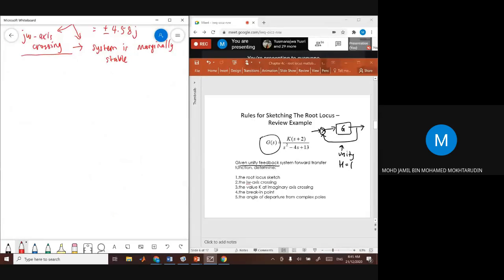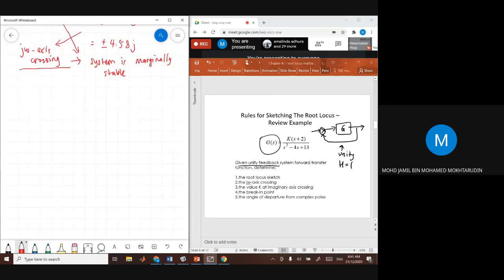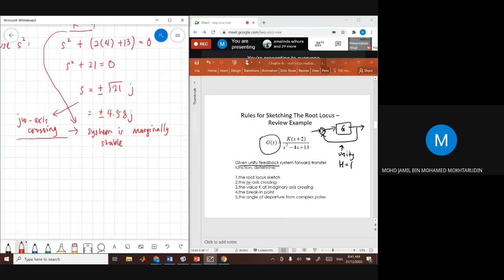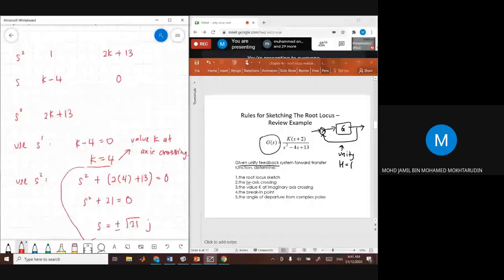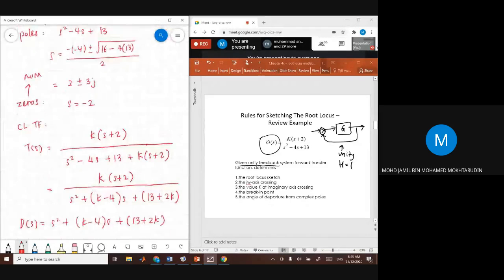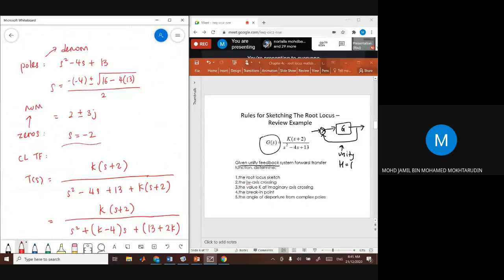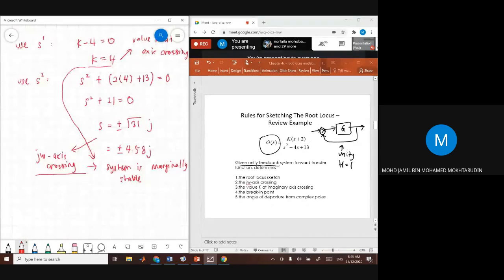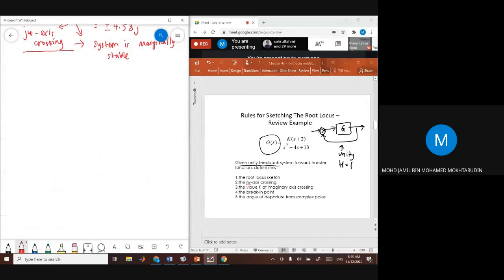And then question number 3. So we have done question number 3, and then question number 4, the break-in points. So we have a break-in point at here, -2. So to find the break-in point, basically you need to use the formula sum. Okay, sum of 1 over sigma minus zeros equals sum of 1 over sigma minus poles.